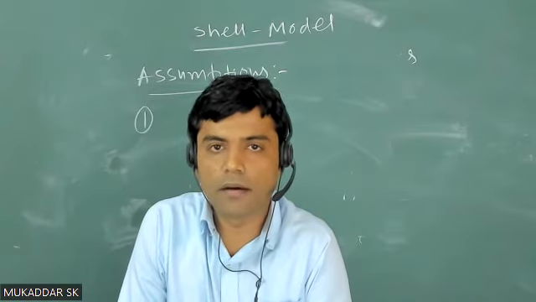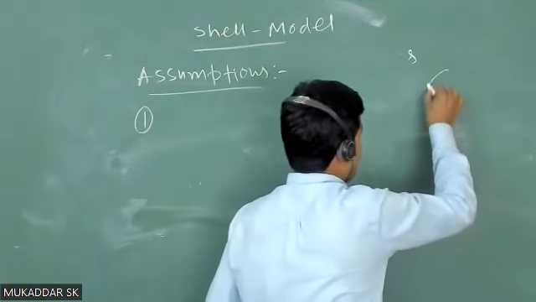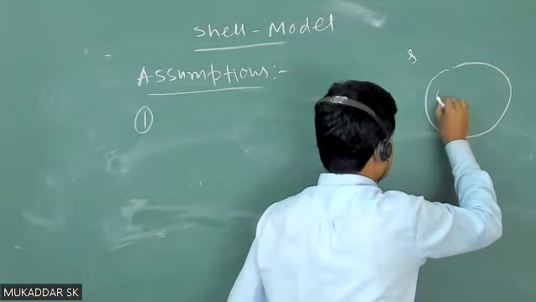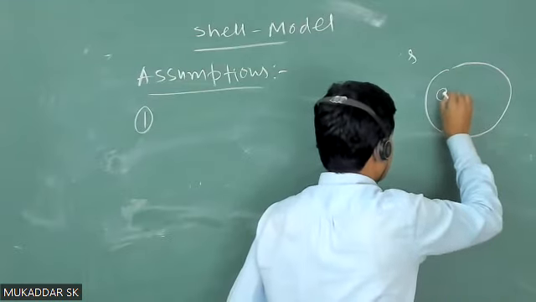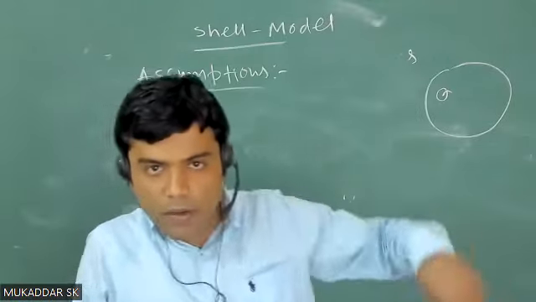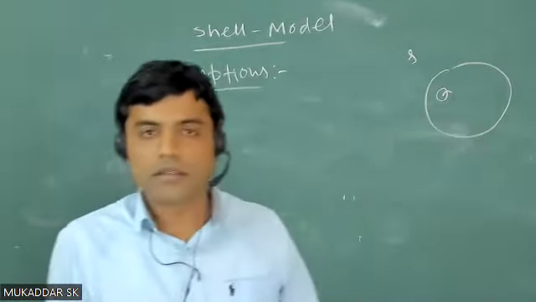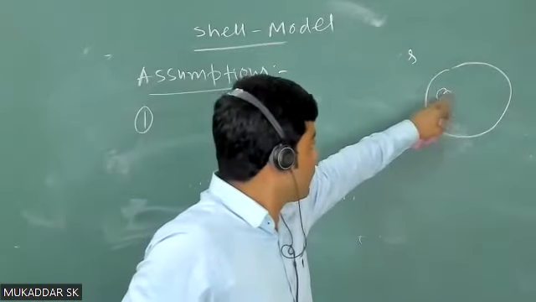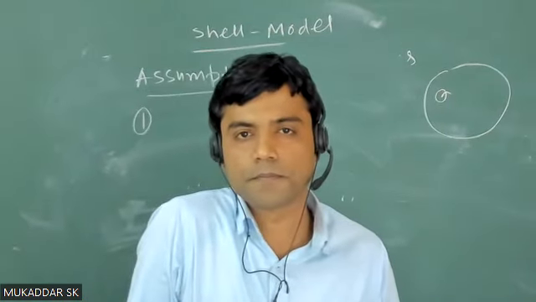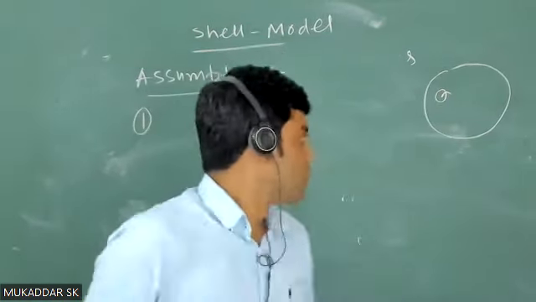independent of the others. So inside the nucleus, you have a small size nucleus. In this small size nucleus, each nucleon is moving or rotating in its orbit. So each nucleon is moving, and that motion is independent of the others.